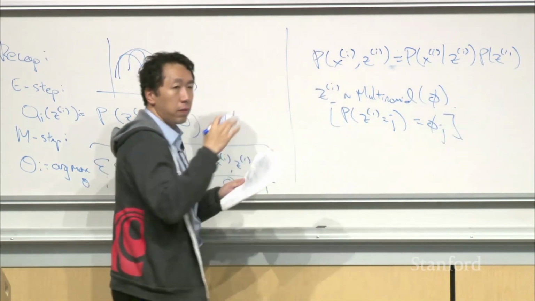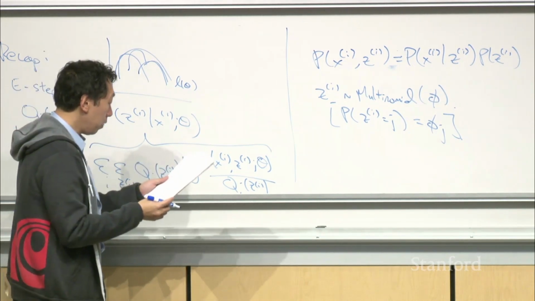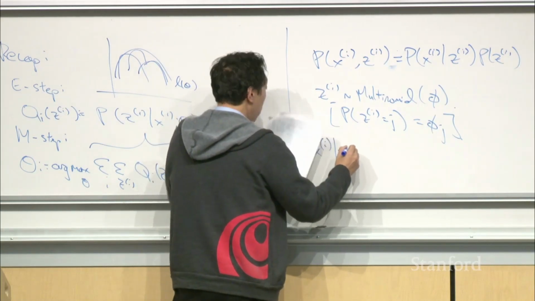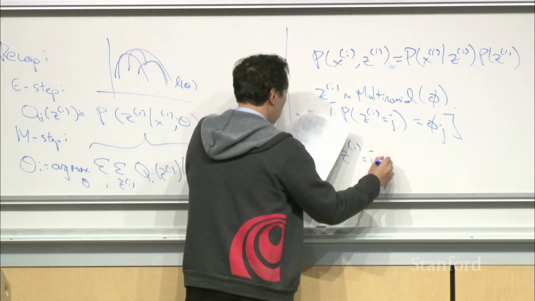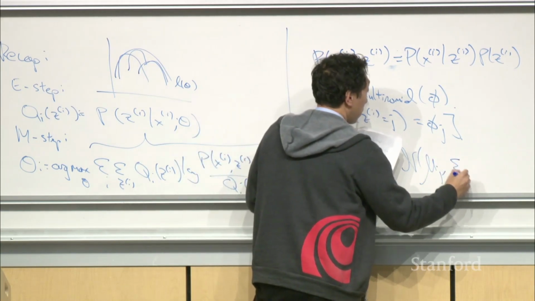Phi is just a vector of numbers that sum to 1, specifying the chance of z being each of the k possible discrete values. And then xi given zi equals j is Gaussian with some mean and some covariance.